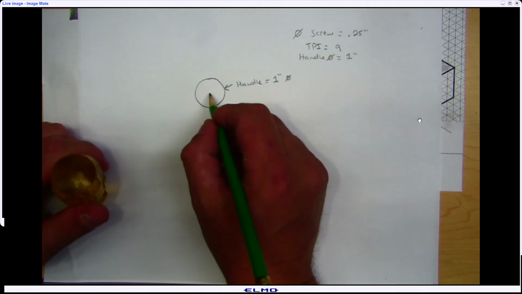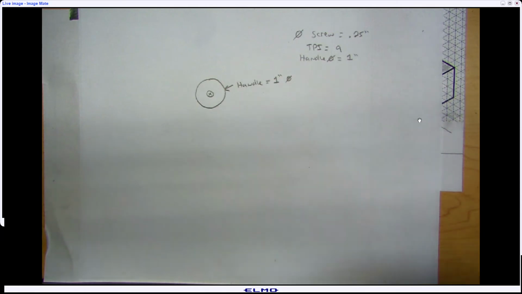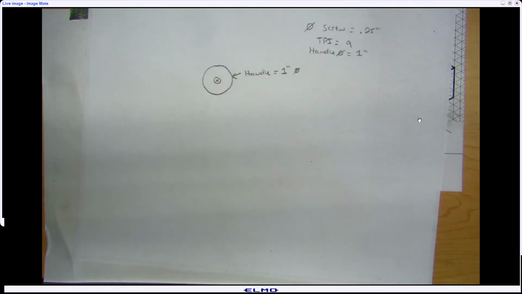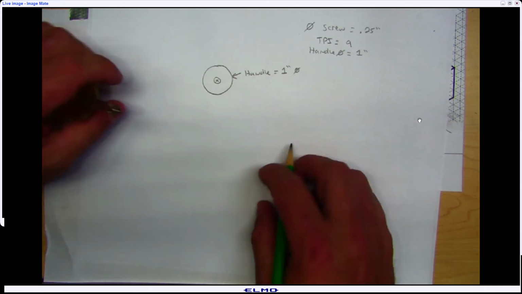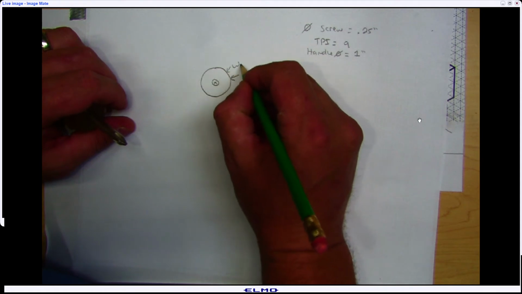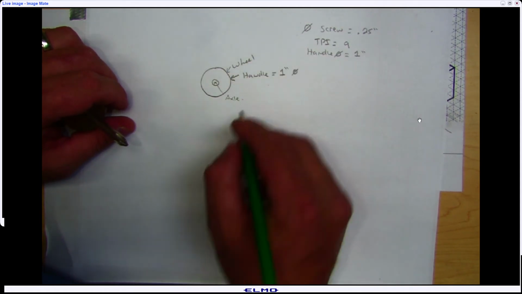If I could see through it, you can see the head of the screw underneath it. This is a wheel and axle. I've got a large wheel, and I've got my axle, which is the screw.